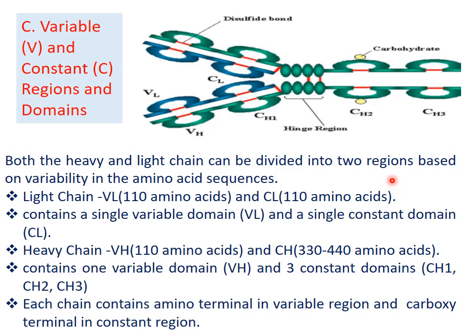The amino acid sequences can vary in these variable regions, whereas in the constant region the sequence almost remains the same. The variable region is present towards the N-terminal end in both the light chain and heavy chain, and the constant region faces towards the carboxy terminal, where the amino acid sequences remain almost the same.